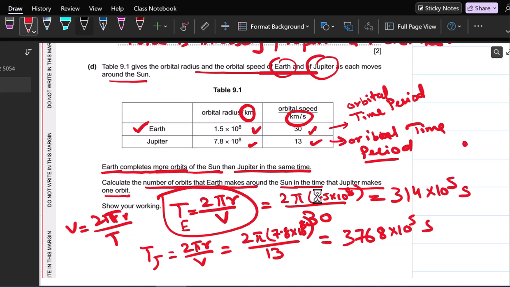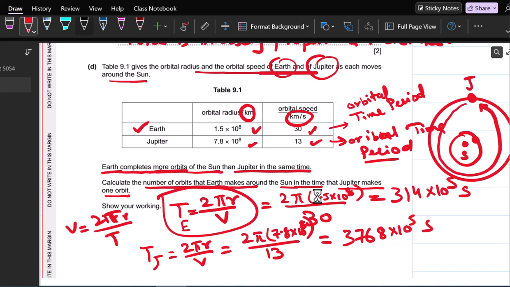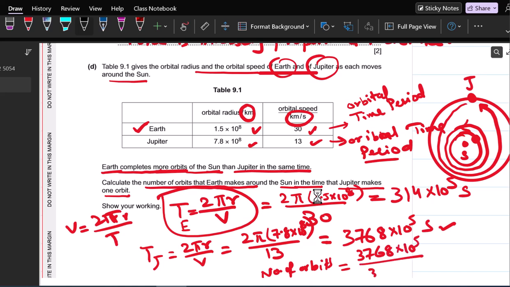If I draw the diagram, suppose this is the Sun, here we have Earth, and in this orbit we have Jupiter. So Jupiter takes one time to orbit. For example, that time is this. And during this time, how many times will Earth orbit? We have to find this. So number of orbits is equal to 3768 times 10 power 5 divided by 314 times 10 power 5.